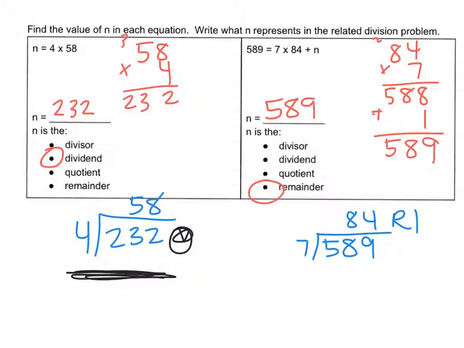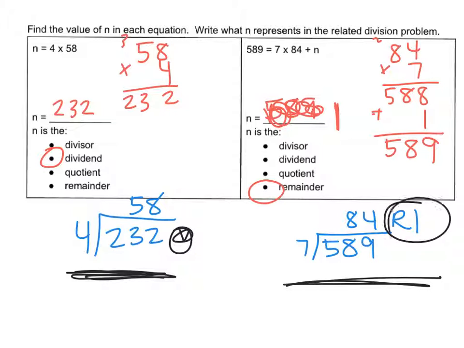Here's my eraser. Well, it won't let me erase. N equals 1, actually, and that is the remainder. The related division problem looks like this with 1 as my remainder.